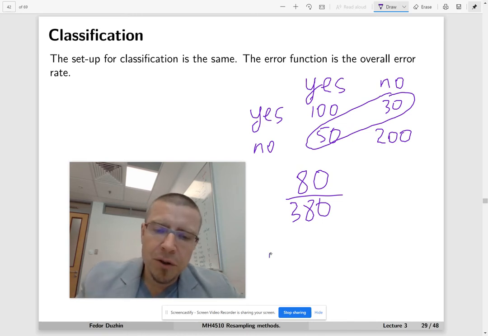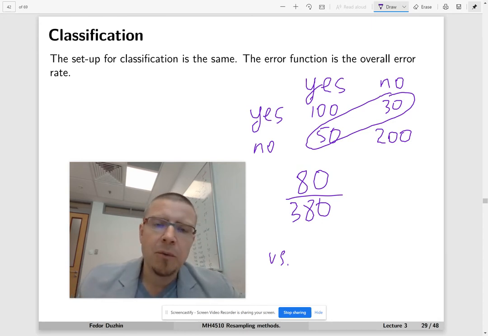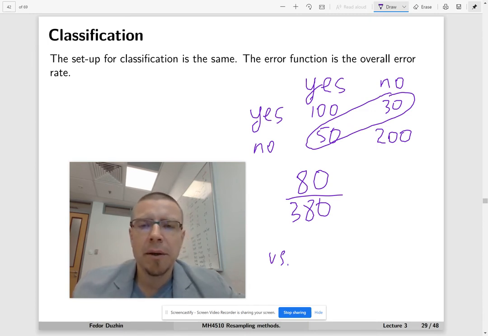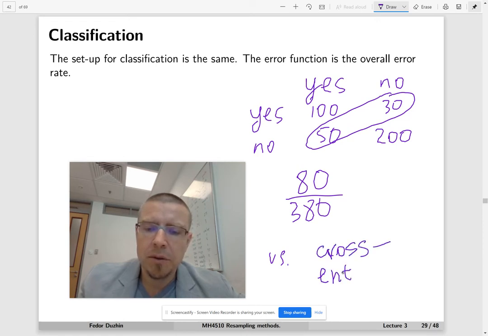Versus the other error function that we used: recall how we trained the logistic regression. We trained it by applying gradient descent to this error function that comes from maximizing the likelihood, and this is binary cross entropy. I'm not going to write it down.